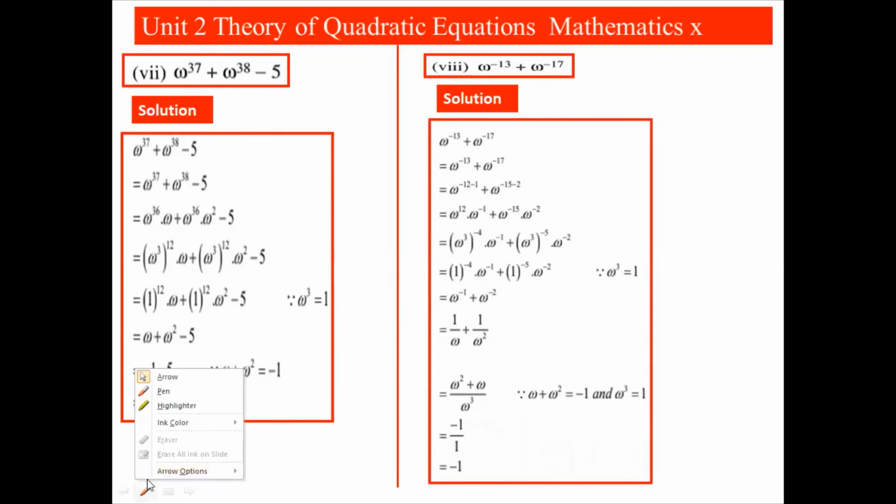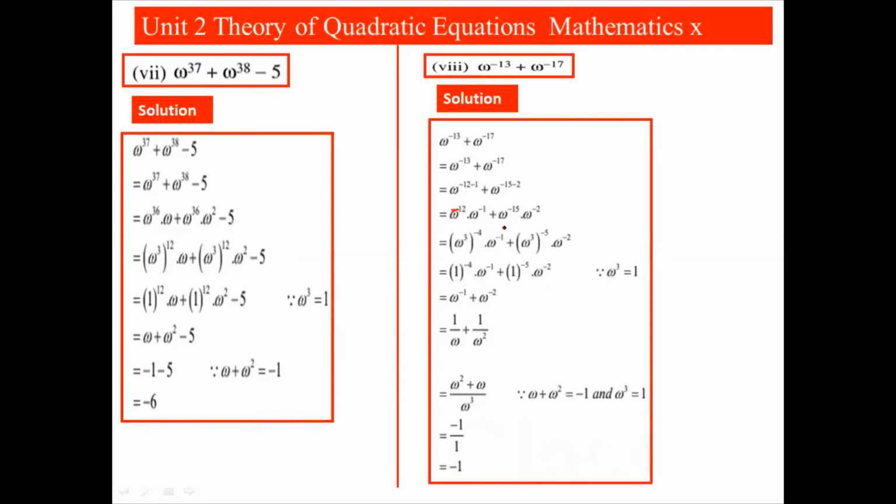So I will write, and just you have to write here this is minus 12. So we can write this as omega raised to power minus 1 can be written as omega cube raised to power minus 4.